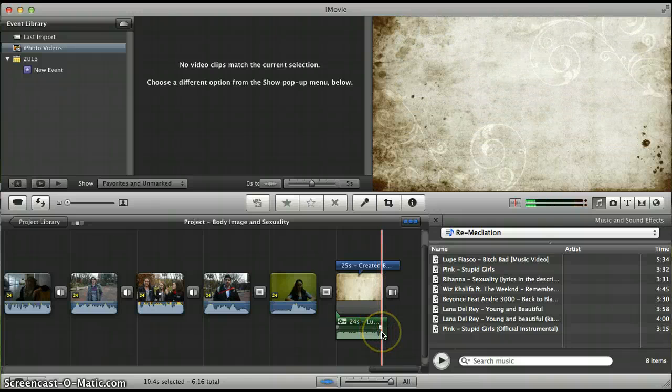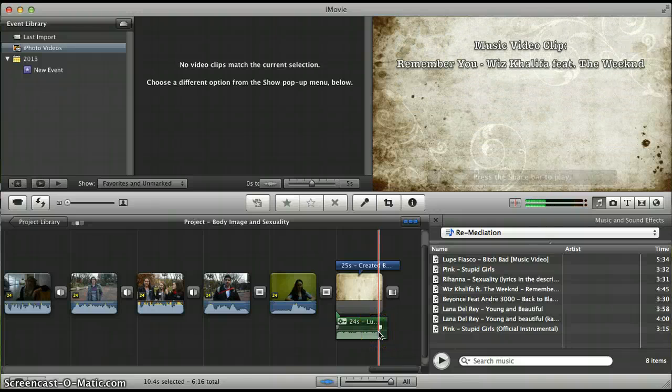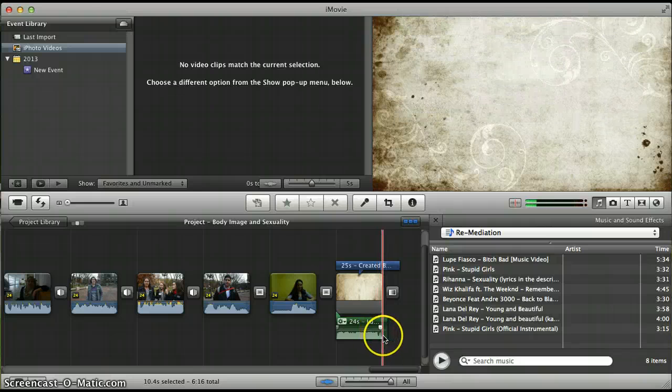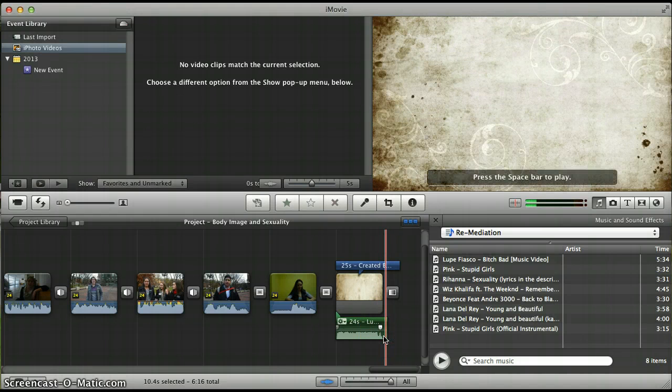At the end it trails off, I'm killing these bitches, which I think, to this video, speaks to killing the pop culture image of what girls think they should be, especially young girls who are just getting exposed to this media image of what a woman should look like and act like. So that's what that is.